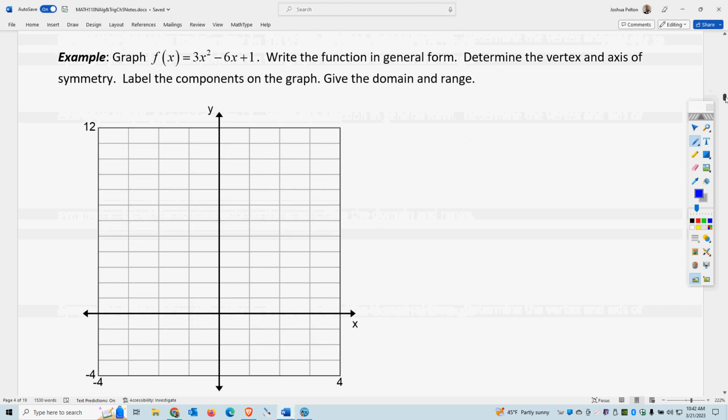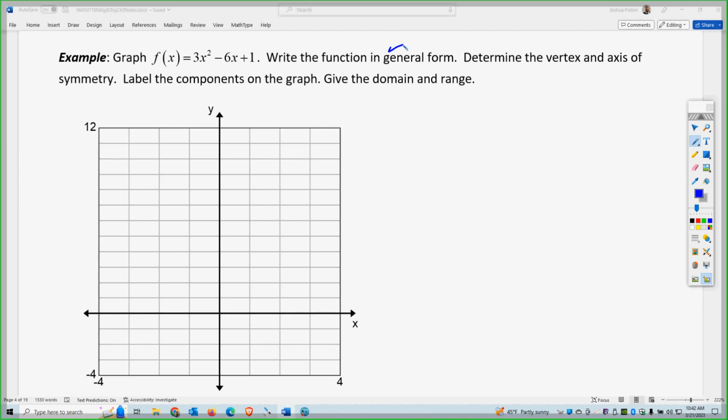So write the next one in general form. Well, it already is in general form. That's done, right? So we'll do h equals -b over 2a, right? So -(-6) over 2 times 3, right? Because that's a, that's b, and that's c in the general form. So I get 6 over 6 is 1.